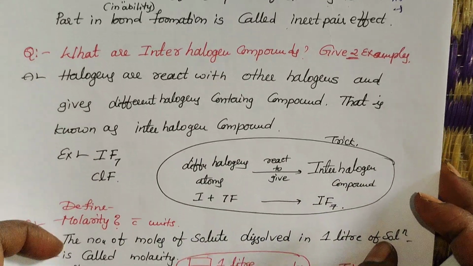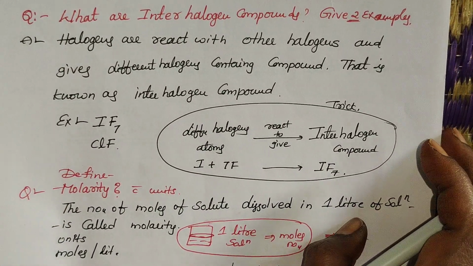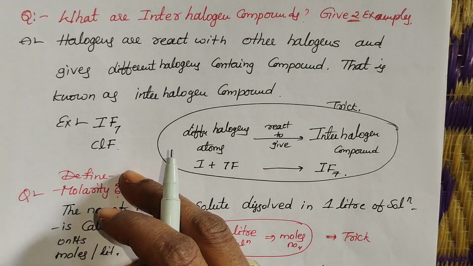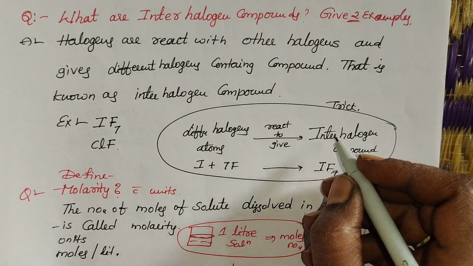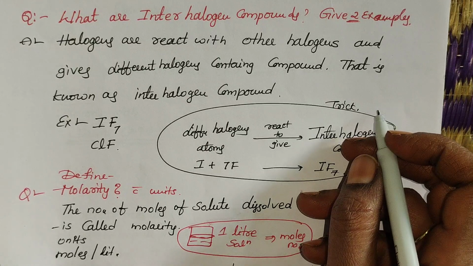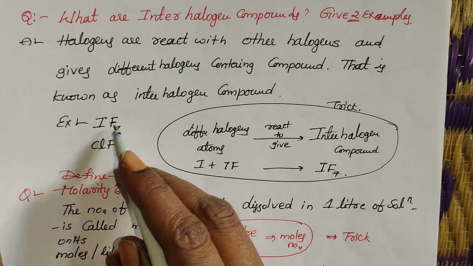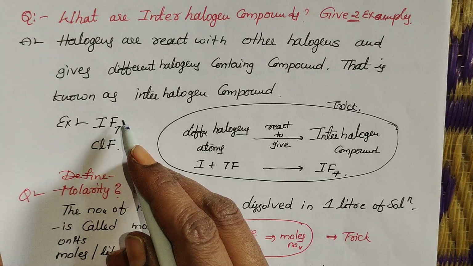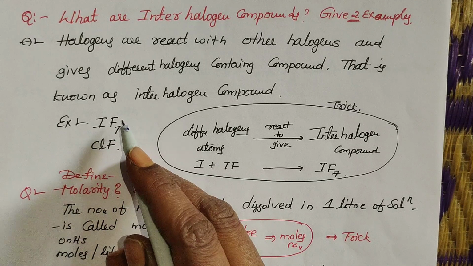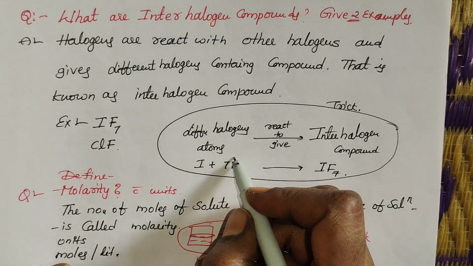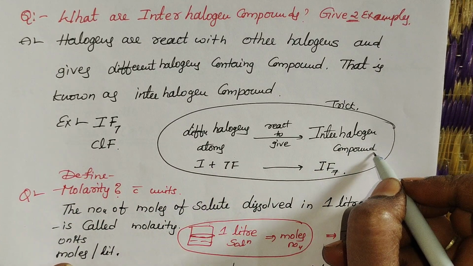Simple. Compounds are nothing but atoms combined to give a compound. Here, in this compound, two different types of atoms are involved, but both are halogens only. Different halogen atoms are involved in the interhalogen compound formation.